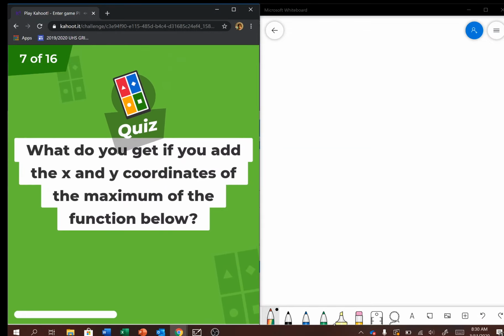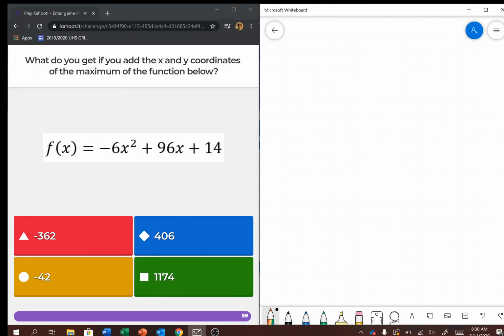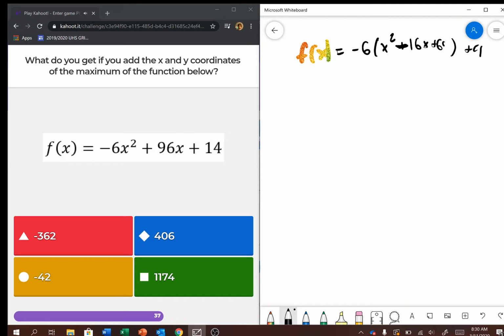What do you get if you add the x and y coordinates of the maximum of the function below? Okay, two ways to do this. We can do completing the square. So factor out negative 6 there, minus 16x, and then plus 14, and then this would be 8 squared, so plus 64, and 64 times negative 6.